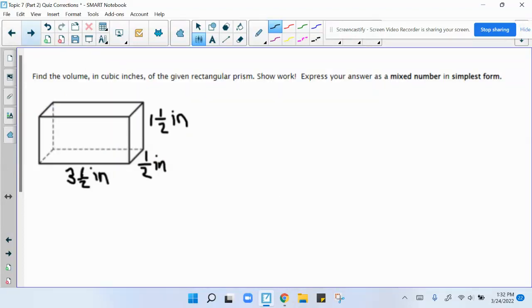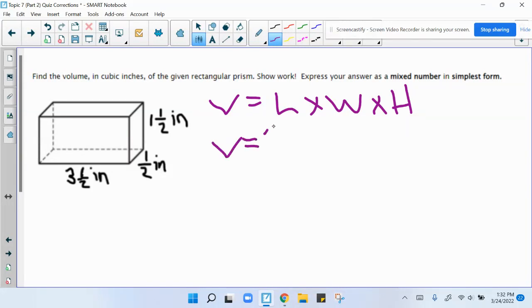Find the volume in cubic inches of the given rectangular prism and show work. Okay, so to find volume, it is length times width times height. So we're going to do 3.5 times 1/2 times 1.5.